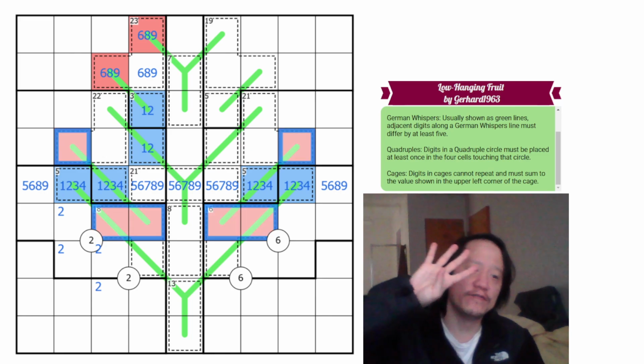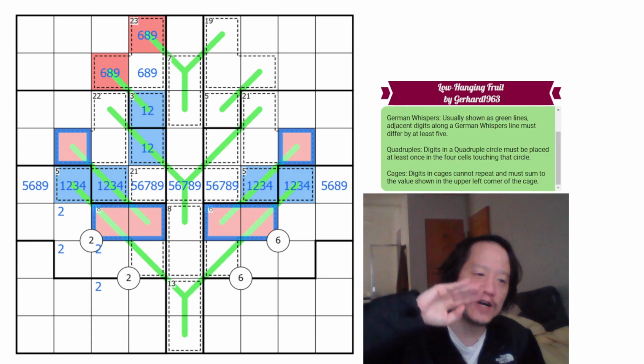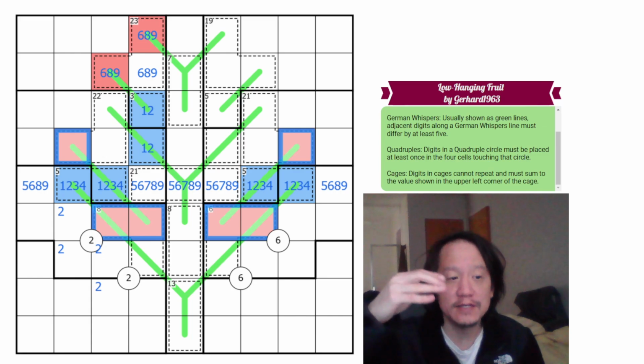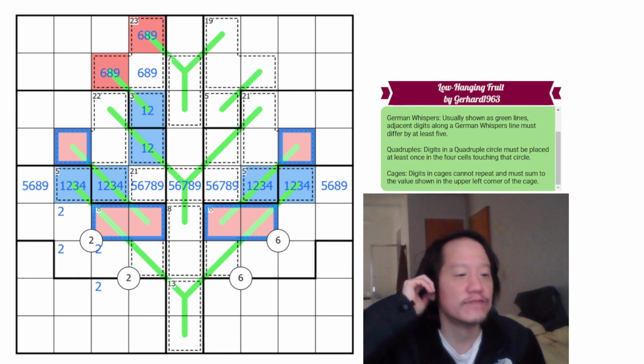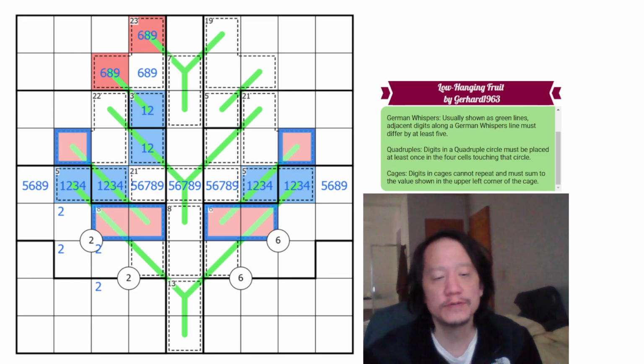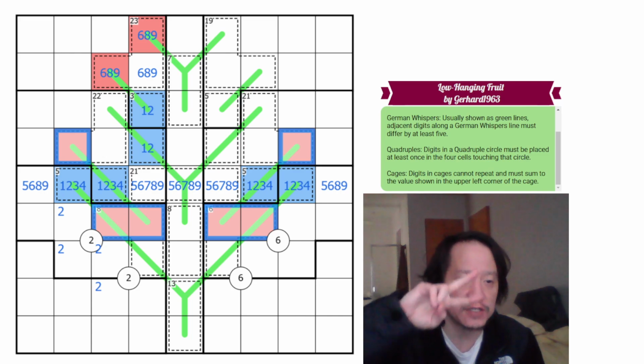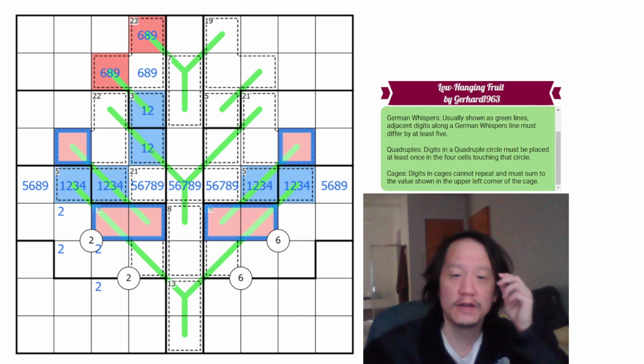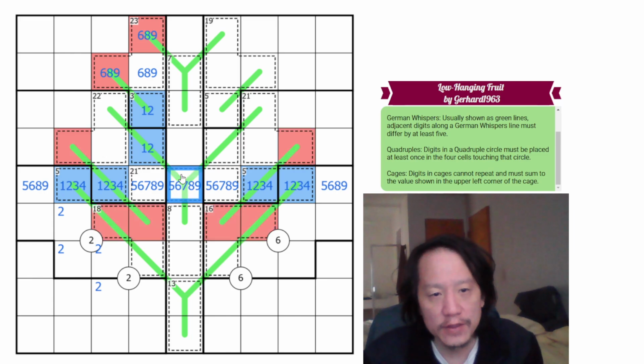Because 1, 2, 3, 4 is only 5 away from at least 6 through 9, and then vice versa. 6 through 9 is always at least 5 away from 1 through 4. So it always alternates 1 through 4, 6 through 9, 1 through 4, 6 through 9 on a German whisper line. Therefore, this is high. These are high.